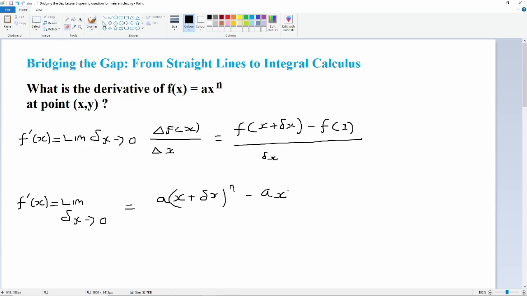So that's, there we go, that's n, and then that's all divided by delta x. What do we want now? Right, we need to expand out x plus delta x to the power n. That is going to be tricky.